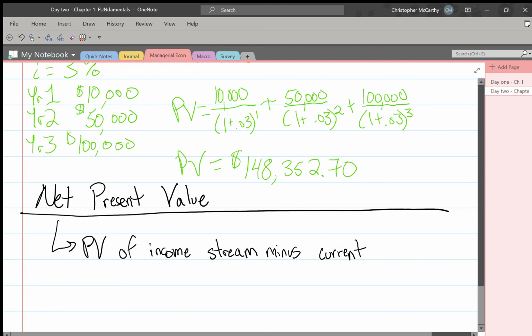And I'm just going to put in here in parentheses, just to save us some confusion, the current one-time cost of the project. It's not an annual cost.